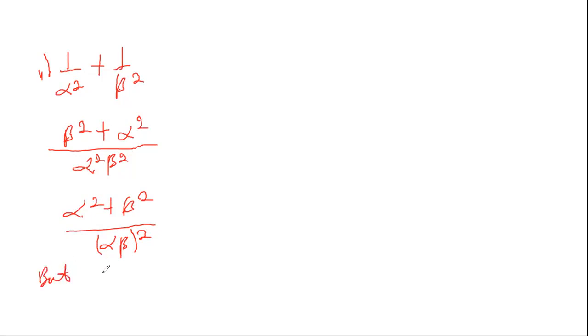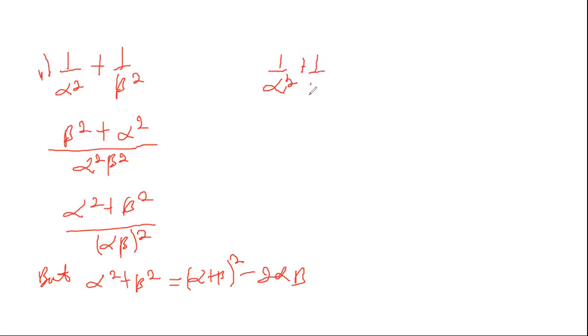We have just seen that alpha squared plus beta squared is the same as alpha plus beta squared minus 2 alpha beta. So we substitute it there. That means 1 over alpha squared plus 1 over beta squared is the same as alpha plus beta squared minus 2 alpha beta, divided by alpha beta squared.